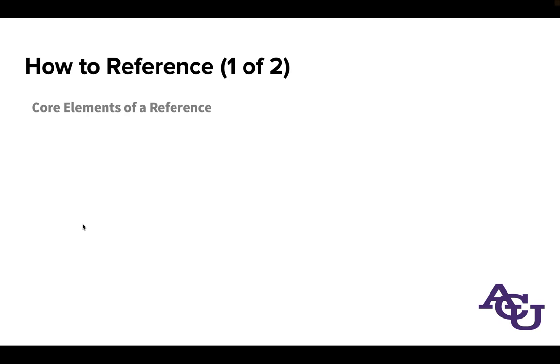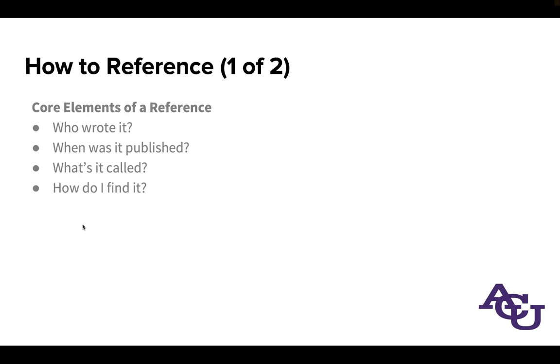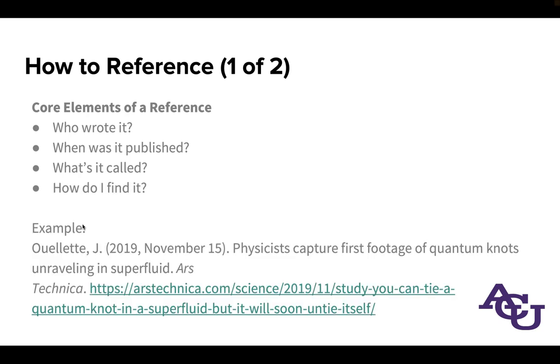So how do we reference that? Well, for anything in APA style, we're starting with a couple types of information. Who wrote it? When was it published? What's it called? And how do I find it? Now, here's an example taken from the APA style blog of a reference entry for a blog entry. And you can see we have Ouellette is the last name.